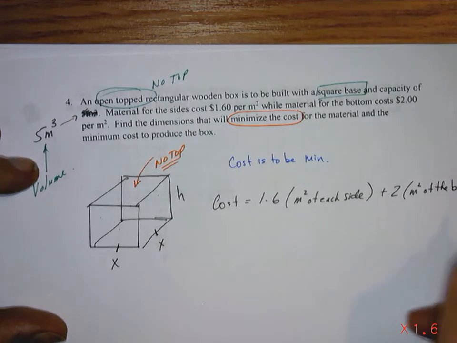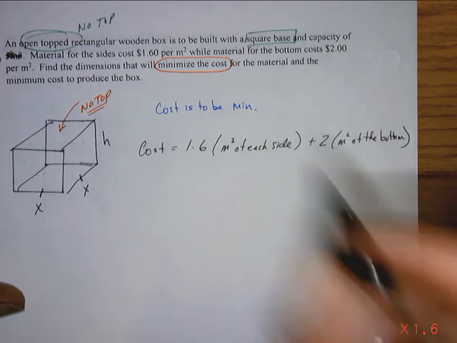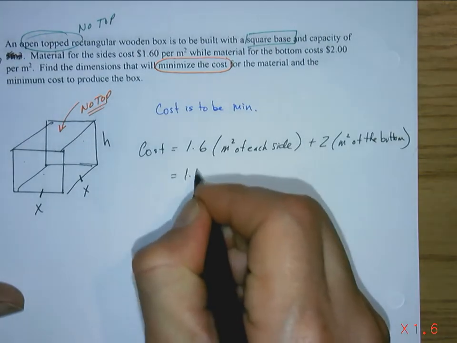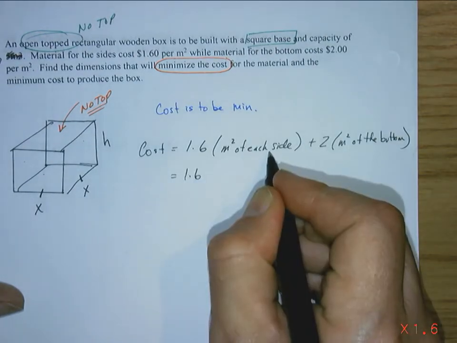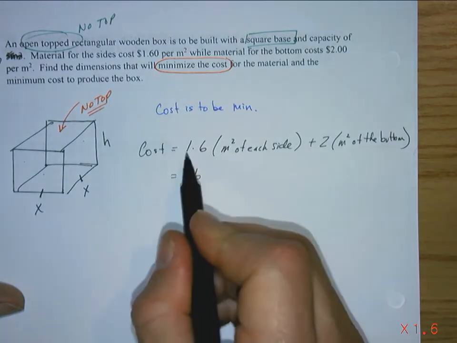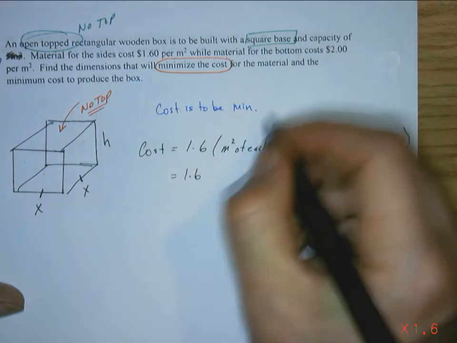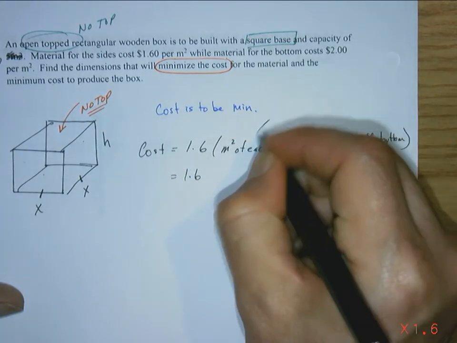Should have used base because it's less letters. That's my cost equation, but I can do better than that. The area of each side is going to be given, well, hold on here. This is 1.6 meters squared of each side, but how many sides are there? There's 4 of these puppies.